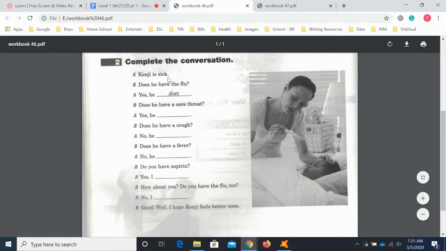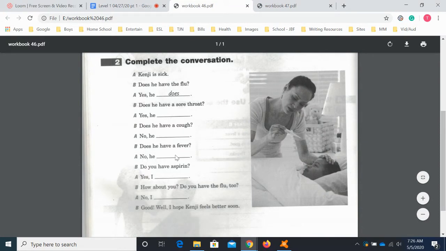Kenji is sick. Does he have the flu? Yes, he does. Does he have a sore throat? Yes, he does. Does he have a cough? No, he doesn't. Does he have a fever?